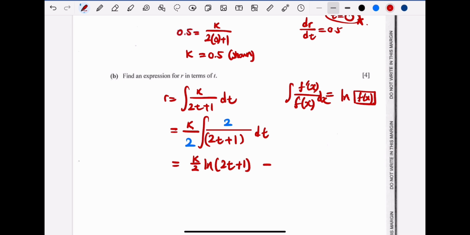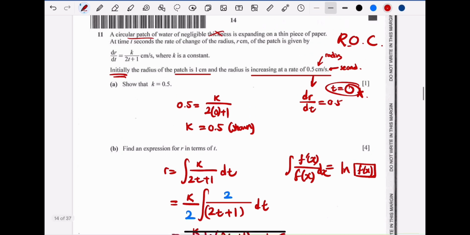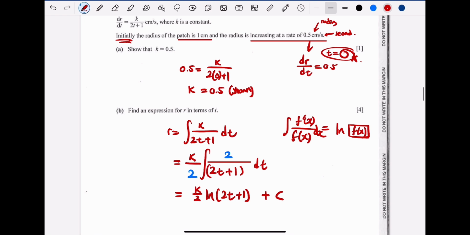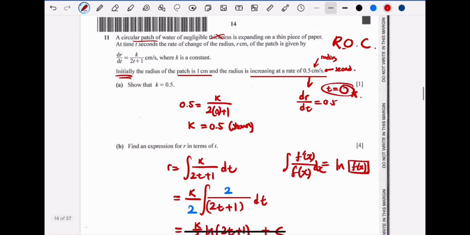Okay, and don't forget we need to plus c over here because this is an indefinite integral, of which we will need to find our plus c. How to find the plus c? Well, we are given the boundary conditions over here, which is that when your time is equal to 0, your radius is equal to 1. So all we need to do is just sub this in.